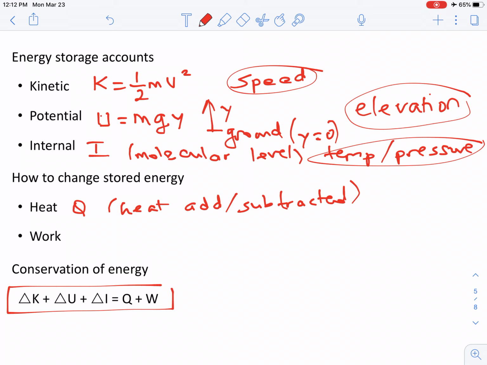Is it a positive value or a negative value? So we are going to think about the right side. Most of the time this is going to be 0, and we're just going to say no heat added or subtracted. Okay, and the work is something that we do investigate carefully.